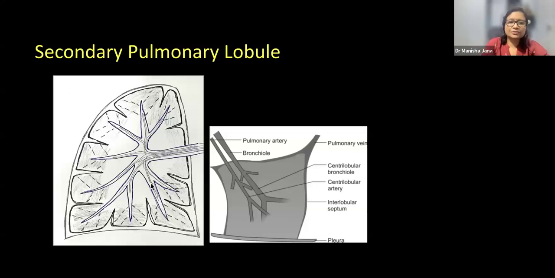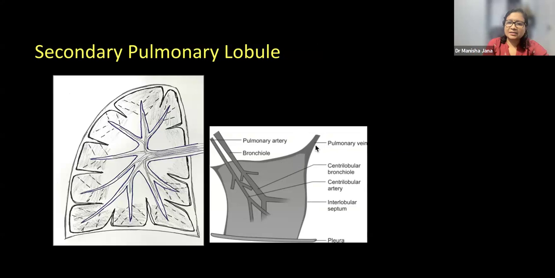Coming to the functional unit of the lungs, we know about the secondary pulmonary lobule. This is a polygonal structure, and it touches the visceral pleura. At the center of it lie the bronchiole and the pulmonary artery branch.